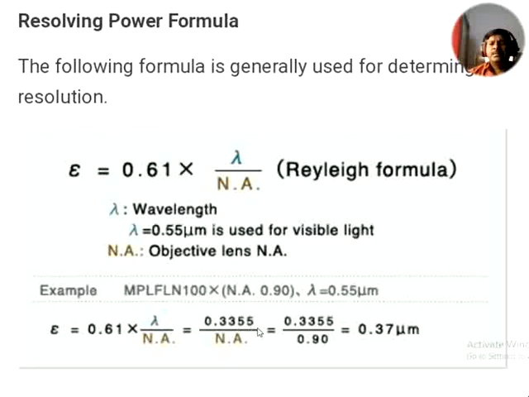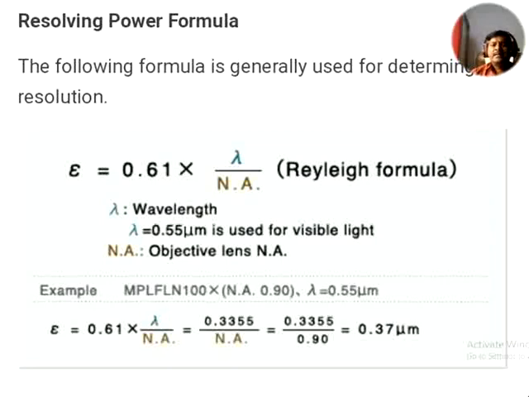Now here, 0.3355 upon numerical aperture is equal to 0.3355 divided by 0.90, that is the numerical aperture of the oil immersion objective. When we calculate this, we get 0.37 micrometer.